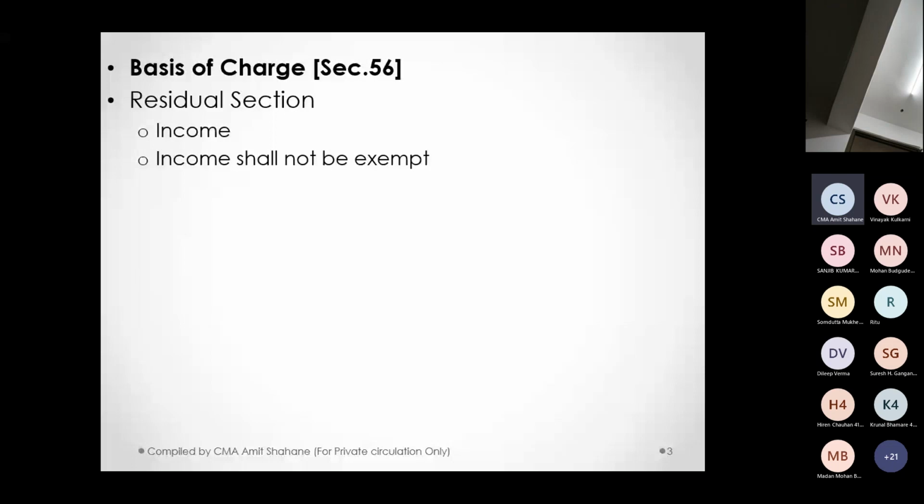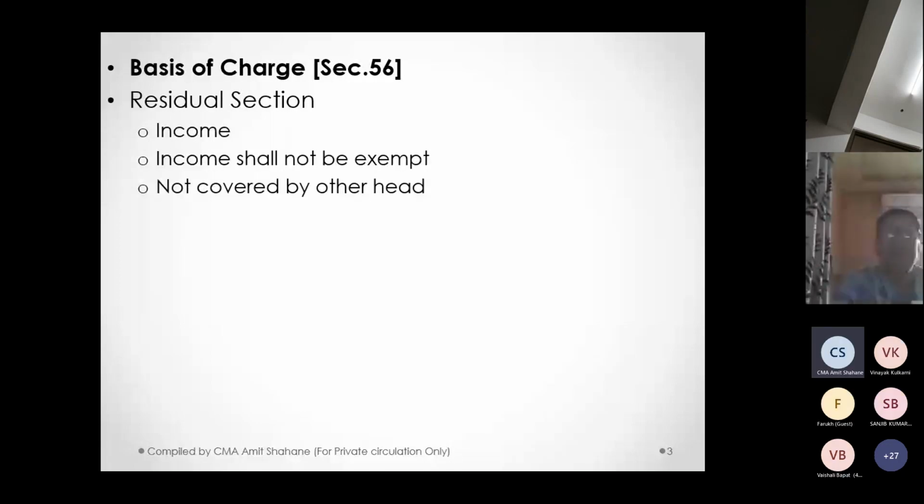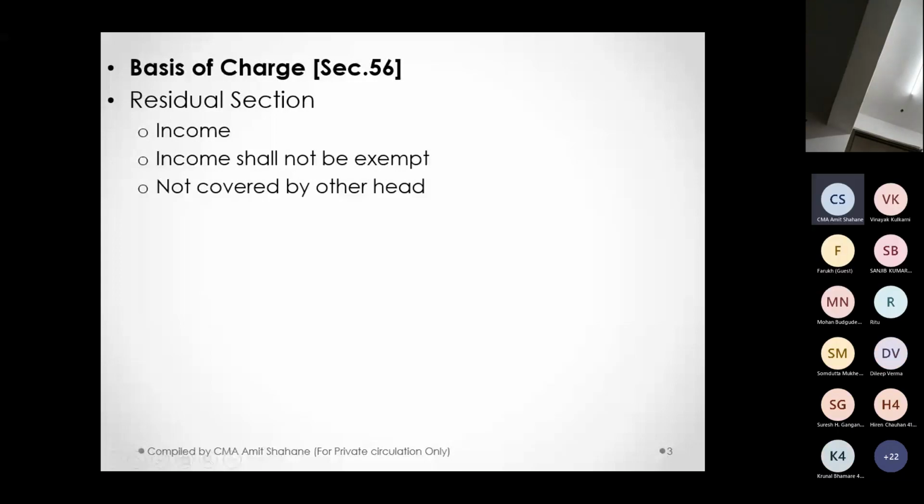Second, the income should not be exempt from tax. And the third prerequisite is that it is not covered under any other head of income. If these 3 prerequisites are fulfilled, then that particular income will be chargeable under the head income from other sources.